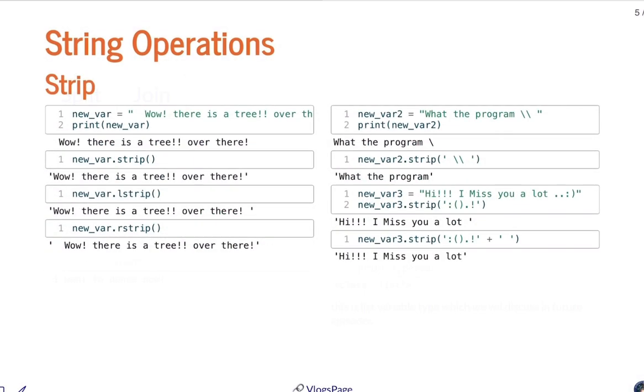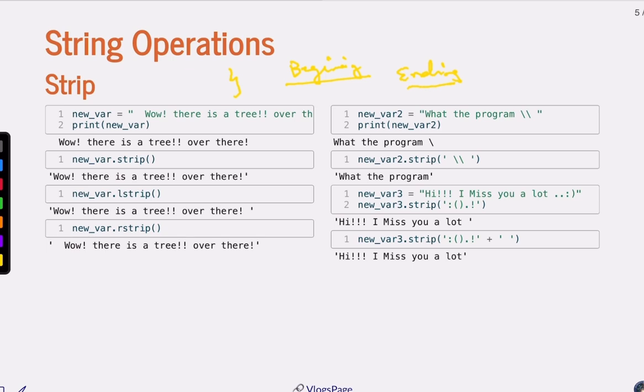Okay. Now we have discussed split and join. Now there is a beautiful concept called stripping. Stripping is nothing but removing some unnecessary characters at the beginning or end of a string. Ideally this is useful whenever there is something in the beginning or at the ending of a string that you want to remove using some condition.